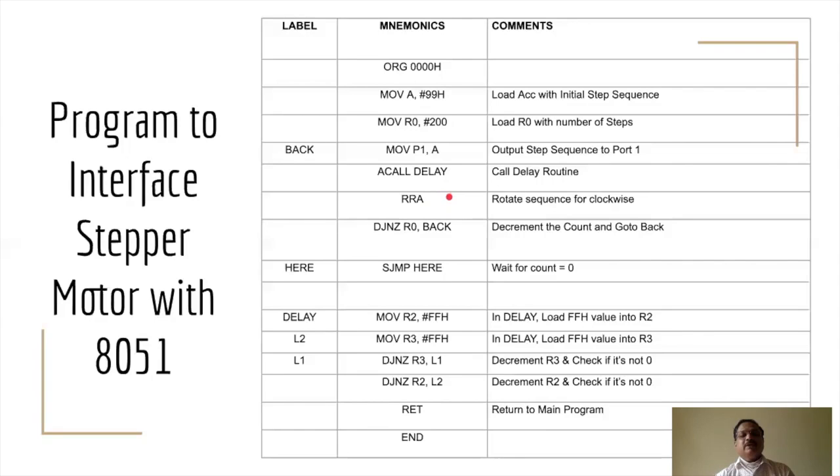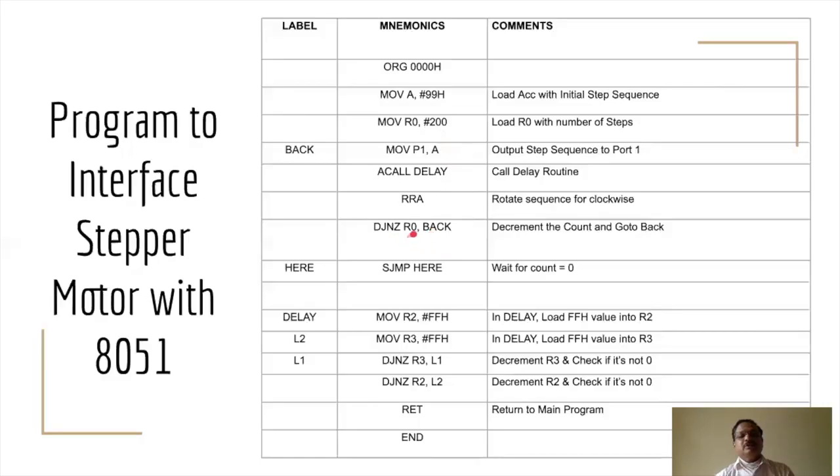To rotate in state, we're using DJNZ R0, back, which means decrement and jump if not 0 the R0 contents. Here we loaded 200 in the R0, that is nothing but the total count required for one rotation.